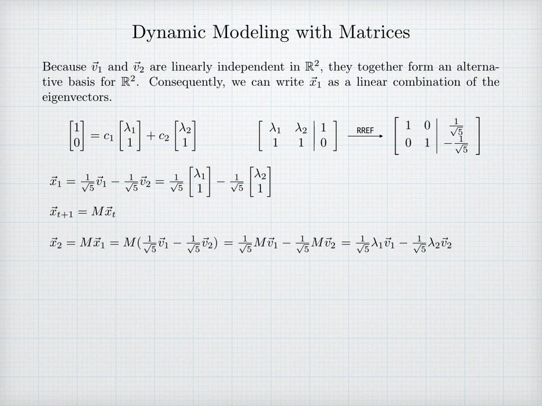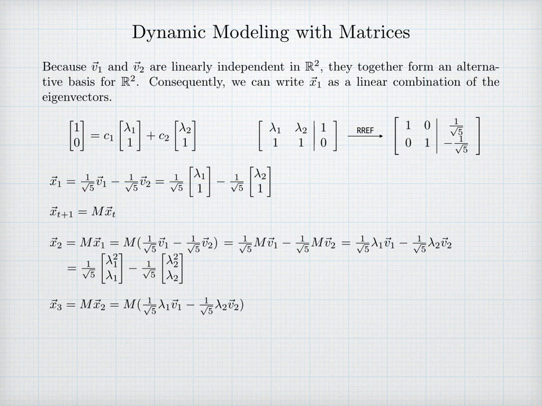And so I again have a linear combination of v1 and v2, but my scalars are now 1 over the square root of 5 lambda 1 and minus 1 over square root of 5 lambda 2. When I multiply those by my original vectors, I notice that my vectors are seeing increasing powers of lambda 1 and lambda 2. That's because of that scalar multiple. I can repeat this again.